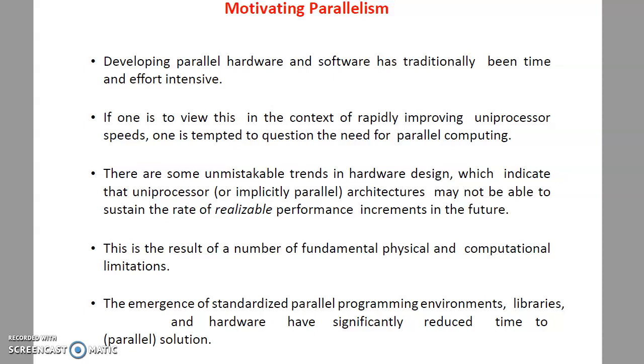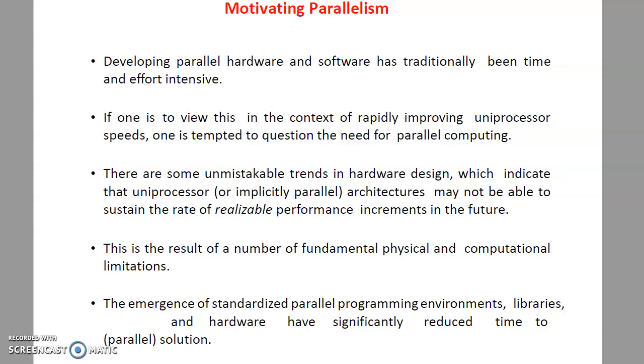This is the result of a number of fundamental physical and computational limitations. Physical and computational limitations led to the conclusion that beyond a particular limit the speed of a uniprocessor system cannot be increased. The emergence of standardized parallel programming environments, libraries and hardware has significantly reduced the time to parallel solution.